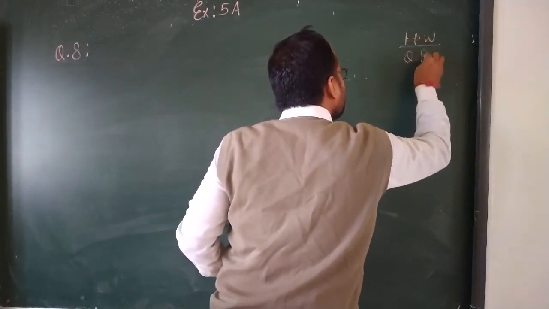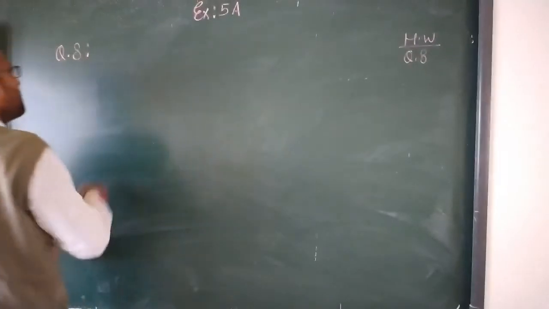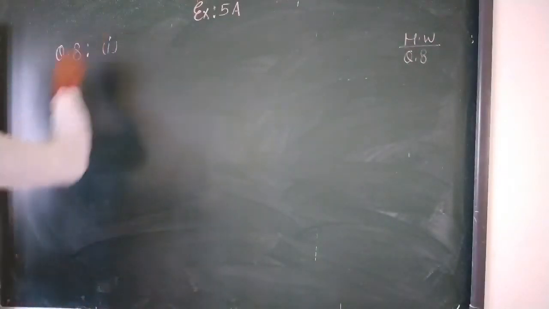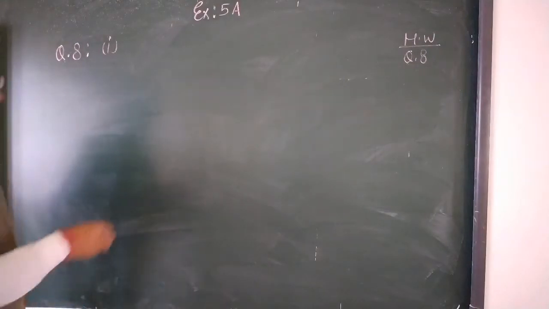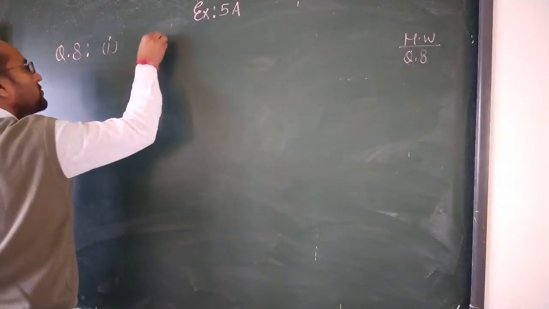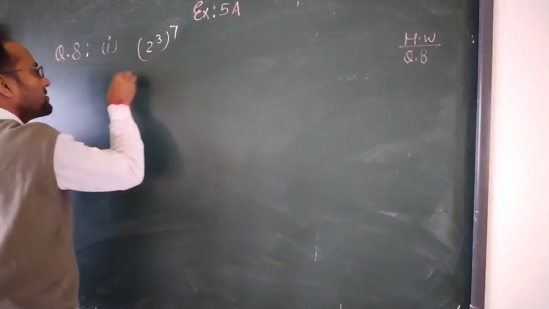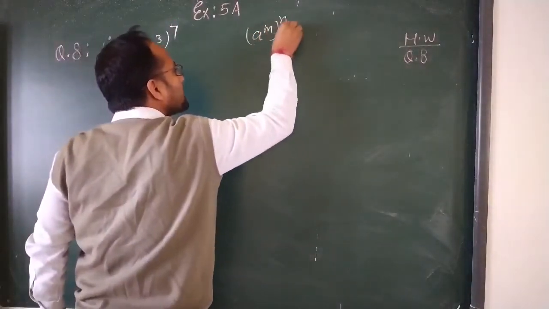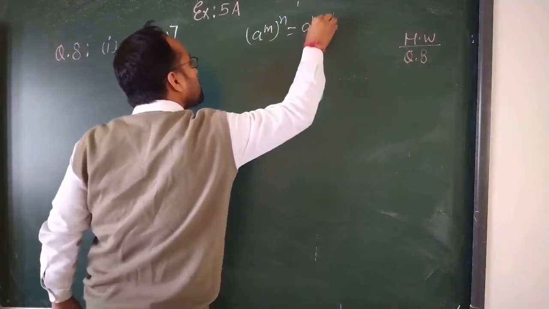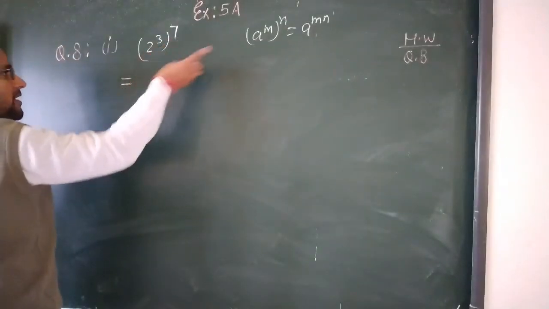Question number 8. In that, first you will see the first one: 2 to the power 3 to the power 7. I think it is very easy. A to the power m to the power n is the same as A to the power m into n. So the same process we will use here.